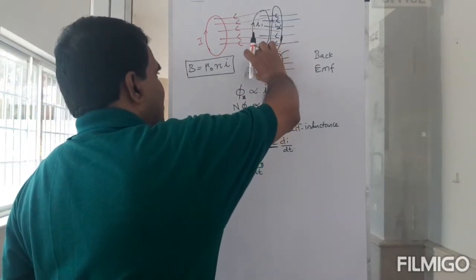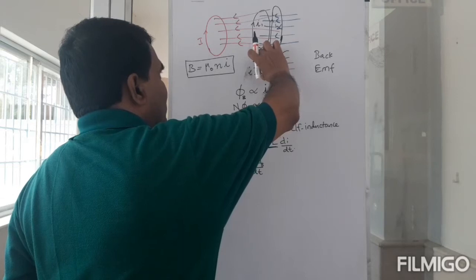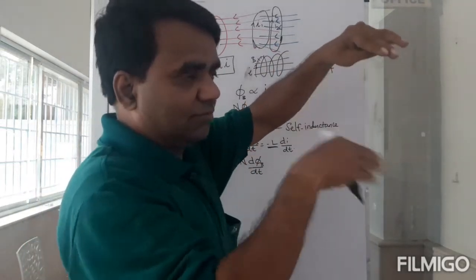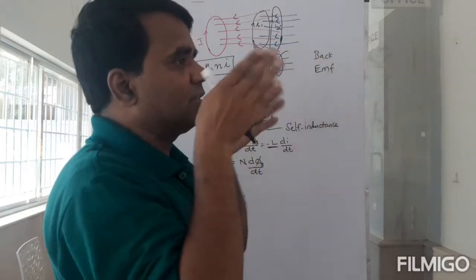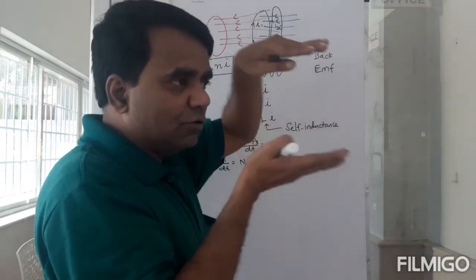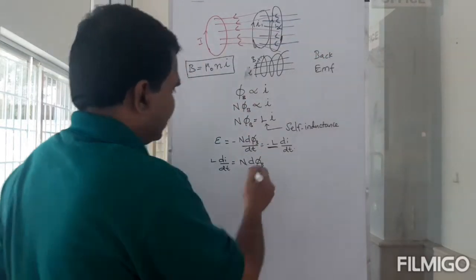So then what is the flux? That would be B times A, the area of that circle, that one loop, multiplied by the magnetic field strength, which gives the flux phi.